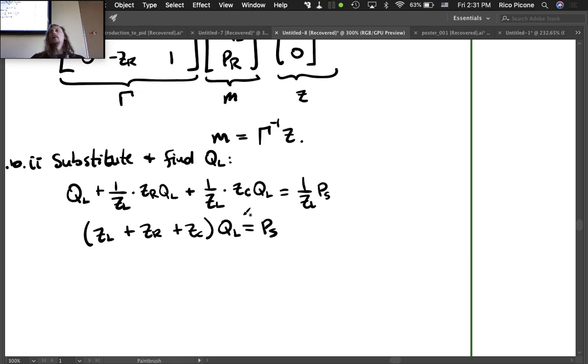And if we're interested in the transfer function from PS to QL, which we are, which we're going to turn into a transfer function from PS to QR, which we're going to turn into a transfer function from PS to V. Okay, so that's the transfer function we want.